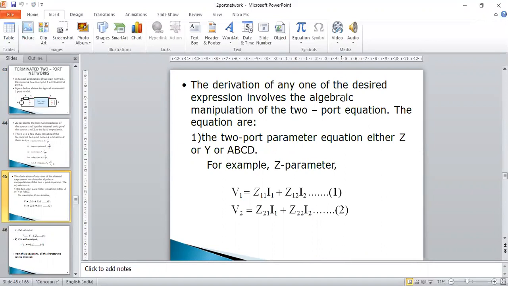For example, if we take the Z parameter, then we have to write the proper Z parameter equation, which is given that V1 is equal to Z11 I1 plus Z12 I2. This is equation number 1. Similarly, V2 is equal to Z21 I1 plus Z22 I2.